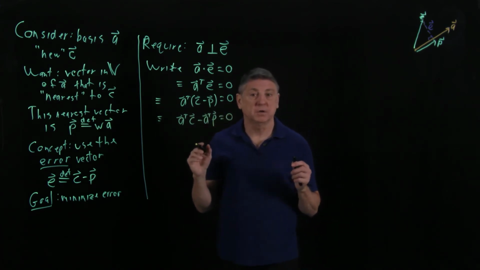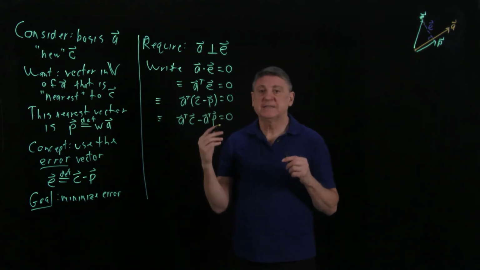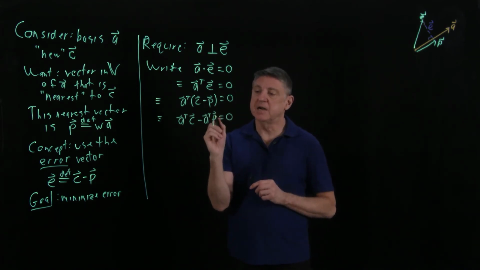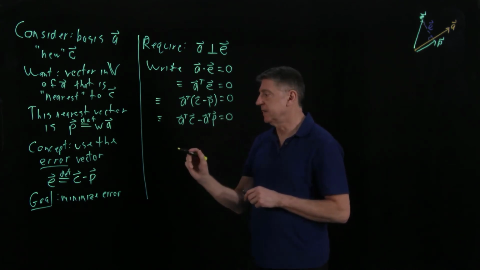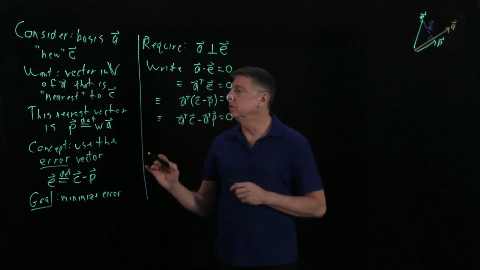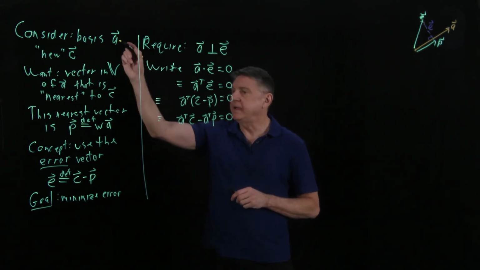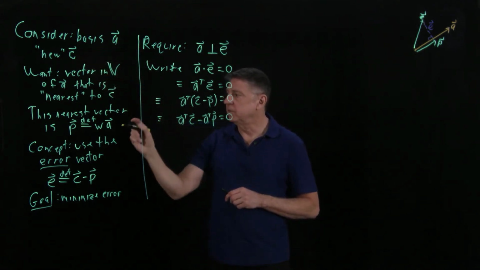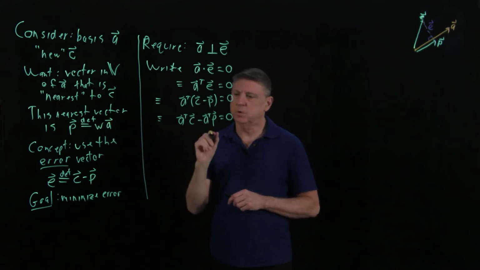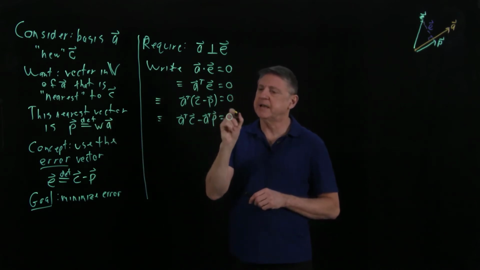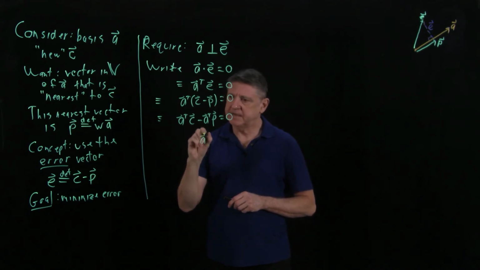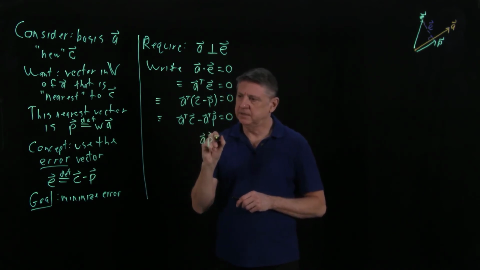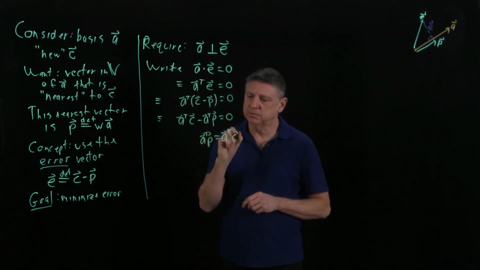One thing I was taught was, when possible, put an unknown on the left side and the known values on the right side. So what is known and what's unknown? Well, here we know A and we know C and we don't know P yet. So if I take that over to the other side, A transpose P equals A transpose C.